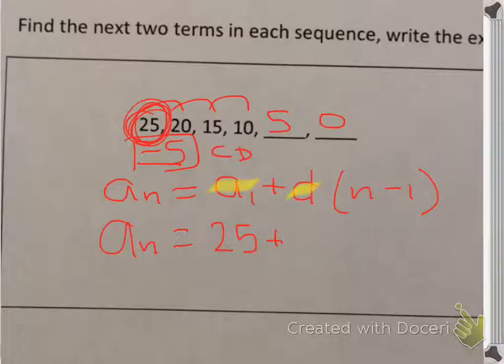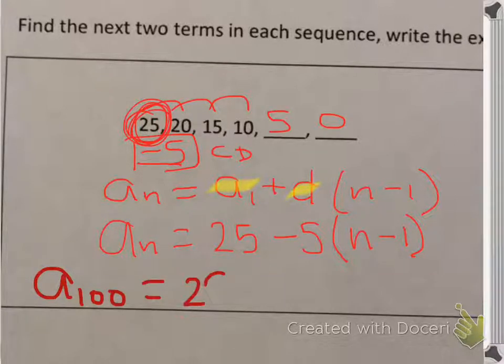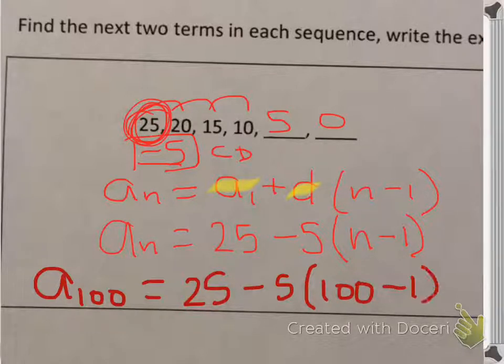The common difference is a negative 5, so I'm going to put minus 5 here instead of plus 5, and then it would be n minus 1 still. So if I wanted to find, say, the 100th term like it asked me to on the instructions, I would go a sub 100 equals 25 minus 5 times 100 minus 1.